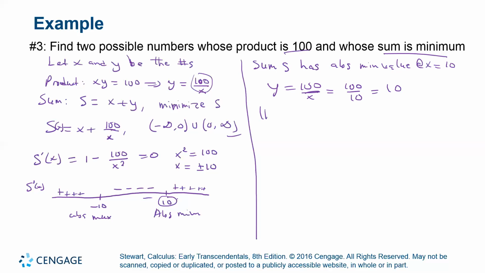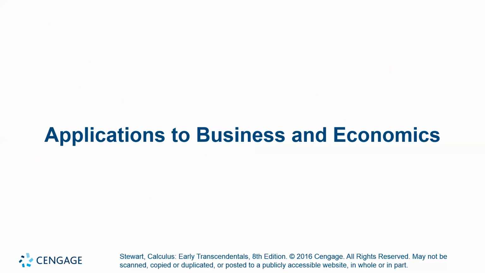Therefore, the sum is minimized when the two numbers are 10 and 10.